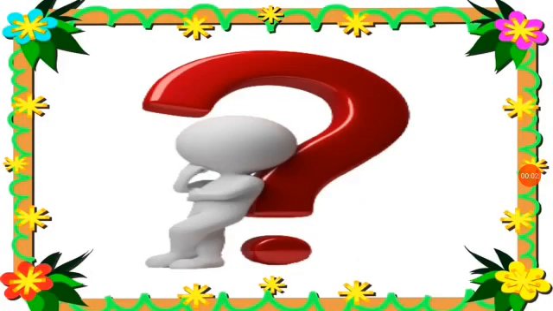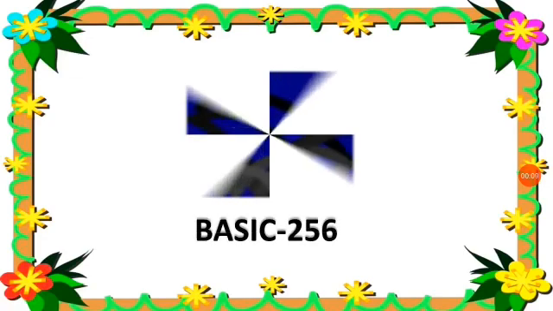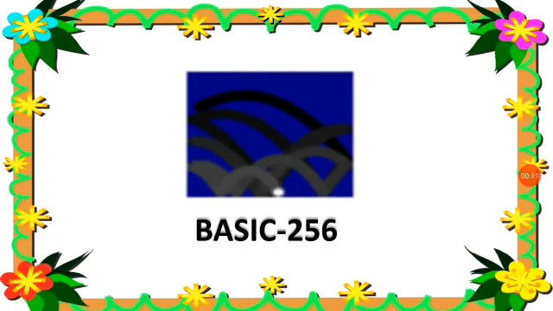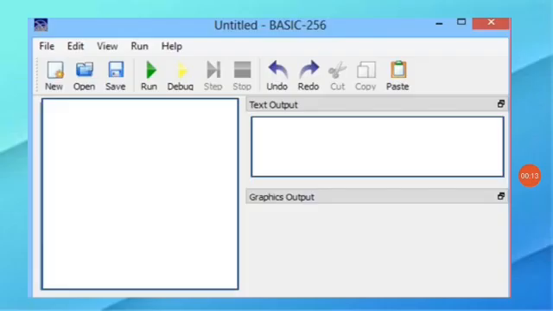For doing programs, what software will we use? Yes, BASIC-256. If you click this software, a window will open like this. This is the program area, this is the output area, and this is the graphics output area. Here you can see the tools.